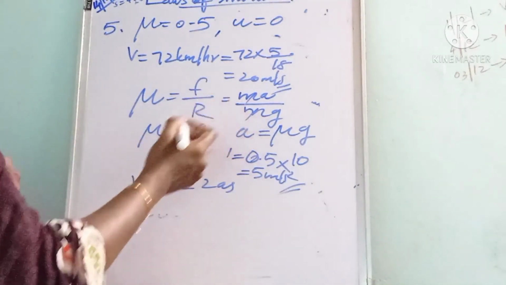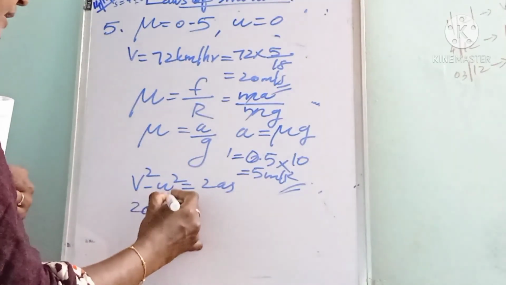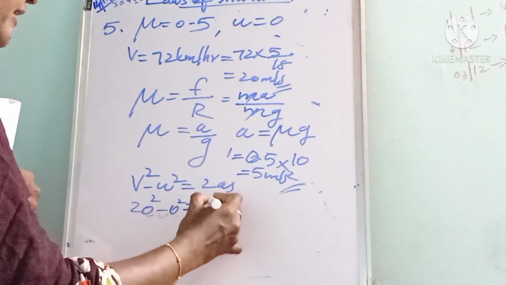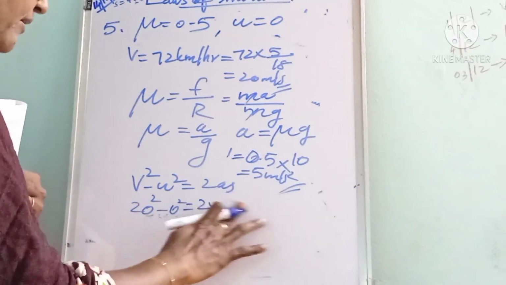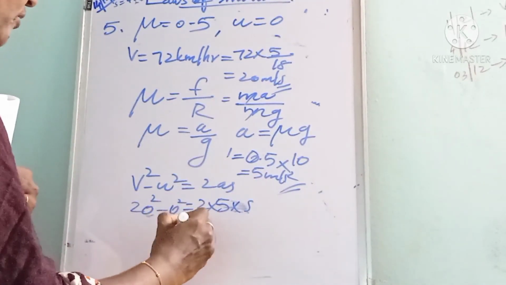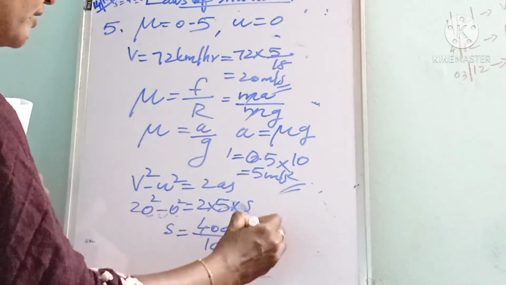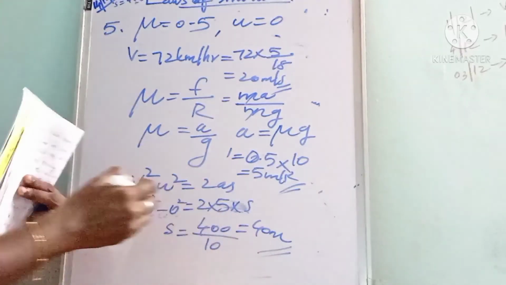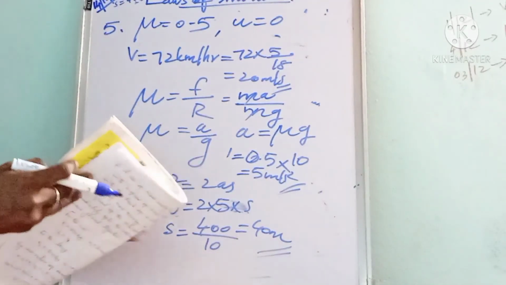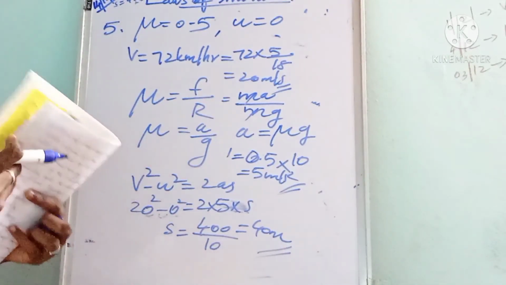Then we substitute v as 20 square, u square as 0 square, equal to 2 into a, which is 5, into s. So s is equal to 400 divided by 10, which is 40 meter. The minimum distance in which the car can reach the speed of 20 meter per second is 40 meter.